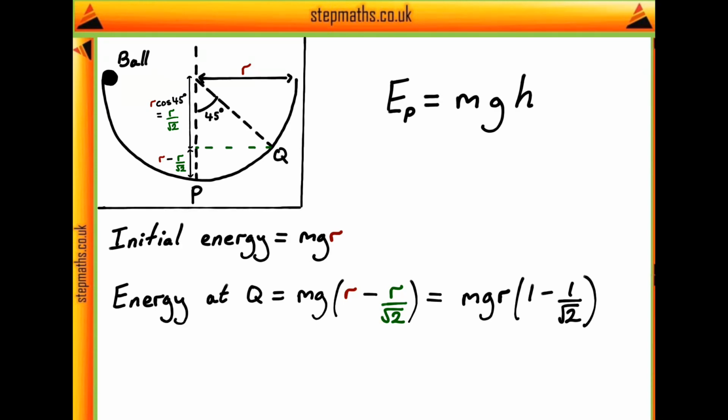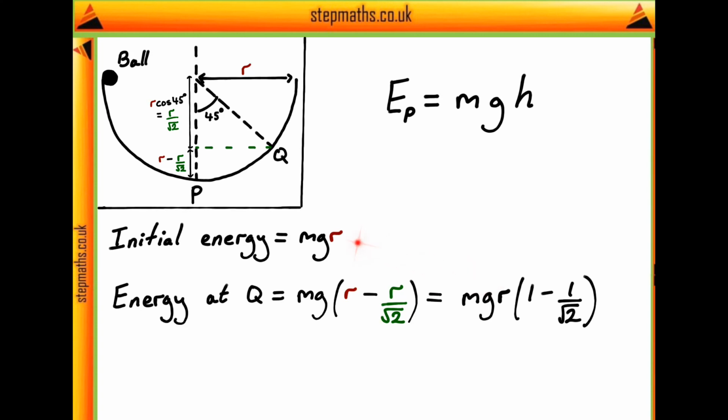So now that we've got these, we can try and think about why they're important. Well, obviously the energy at Q is going to be less than the energy at the initial point. We can see that the energies are different, which is due to the frictional force acting on the ball. Now we were told in the question that the frictional force acts at a constant rate, so energy is going to be lost due to friction at a constant rate.